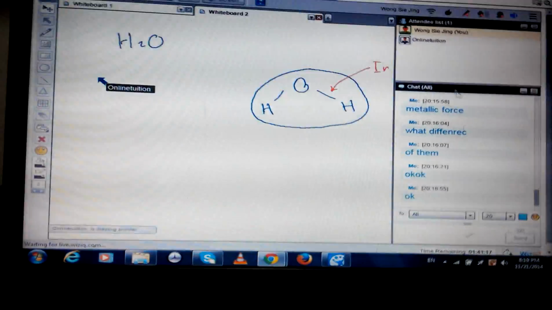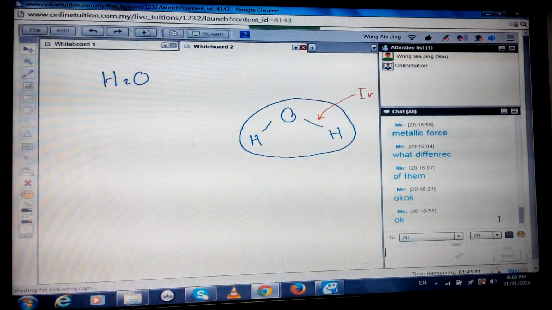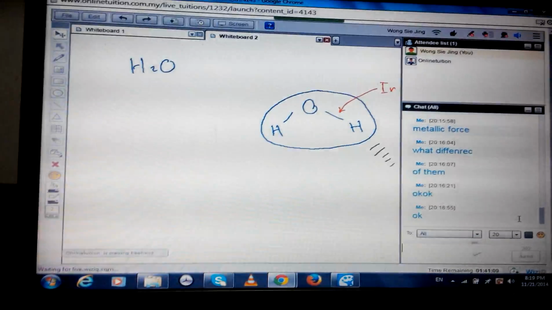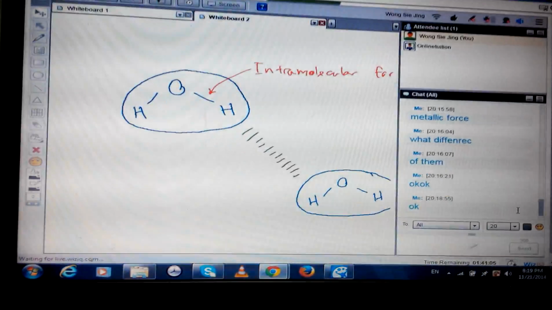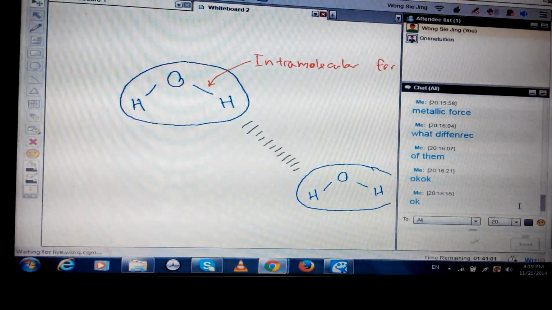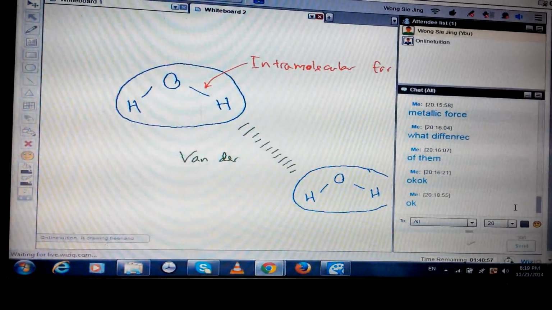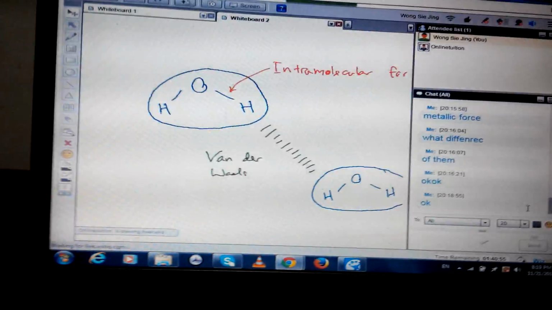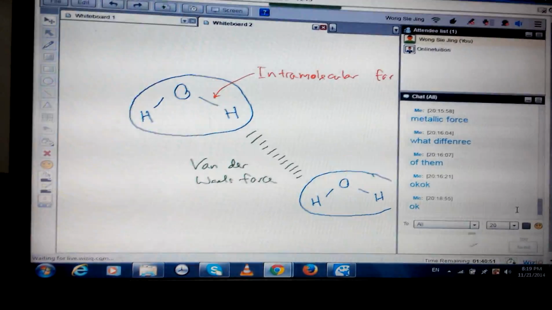Then, due to certain reasons, which you don't really need to know in our syllabus, there's a force in between the molecules. In this case, this force is the van der Waals force.